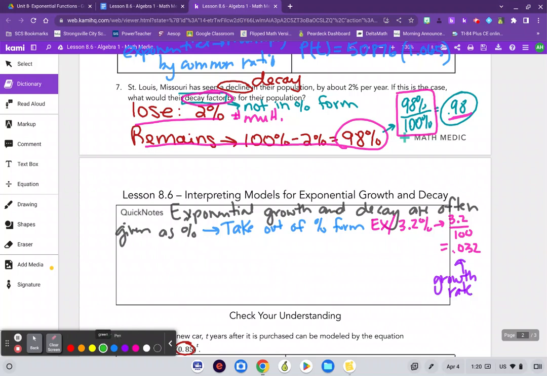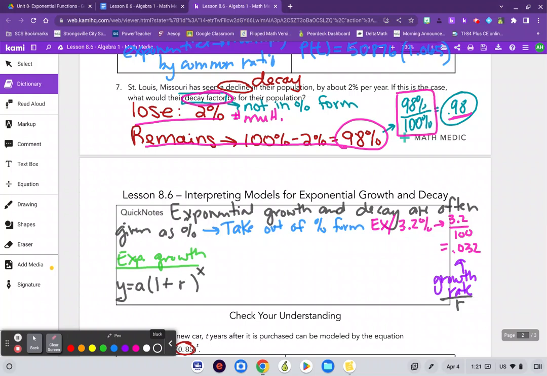Okay, so if I have exponential growth, I'm going to say EXP growth for sake of room, okay? If I have exponential growth, it means I'm going to have y equals a, that's familiar, b to the x. But with this percent growth, I have 100% of what I started with, so 1, plus whatever that r value is.